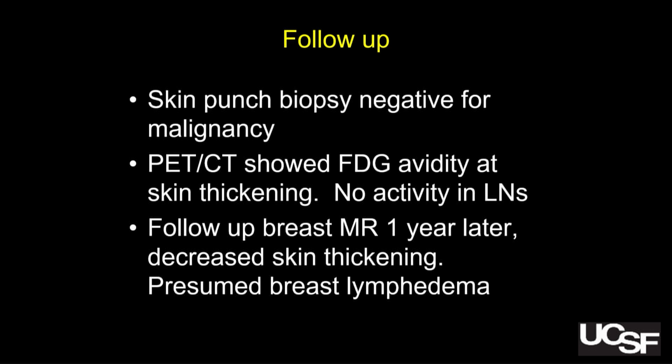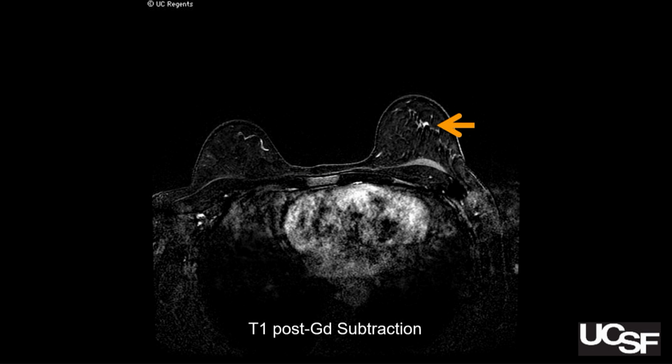So this was a presumed breast lymphedema. So we just attributed it to some kind of very delayed edema. We don't have any better answer because we did not send her for more surgery at that point. But the moral of the story is you should work up anything that is focal and enhancing, especially in a symptomatic patient.